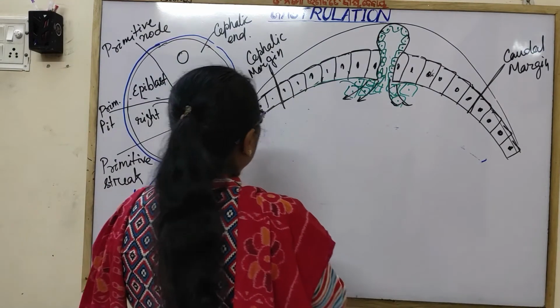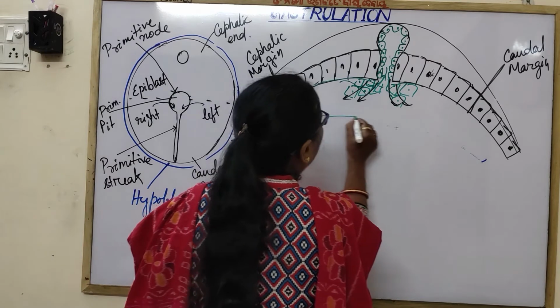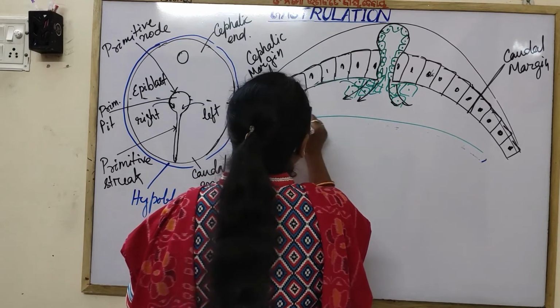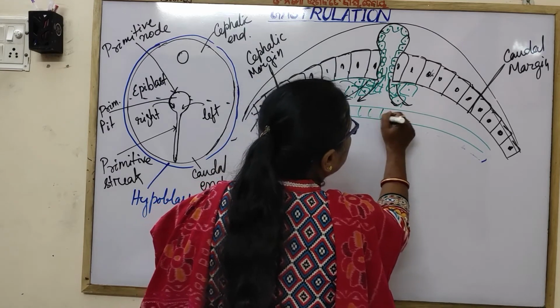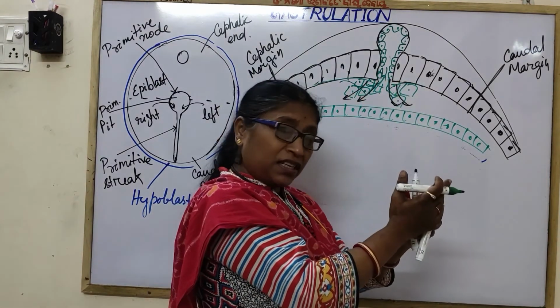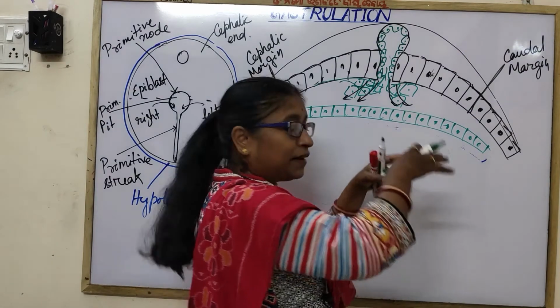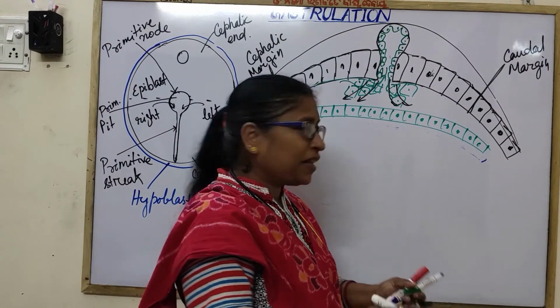The primitive endoderm is replaced by these newly formed cells. Inward movement is called invagination and detachment is called delamination.